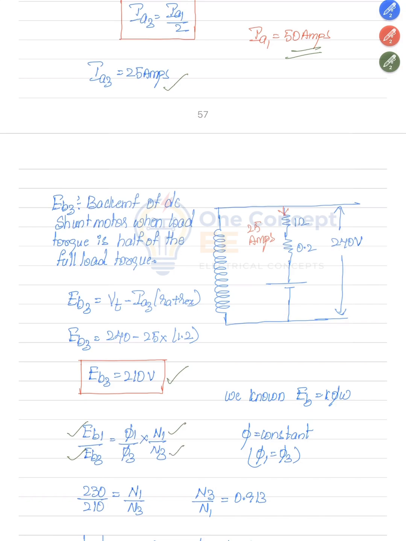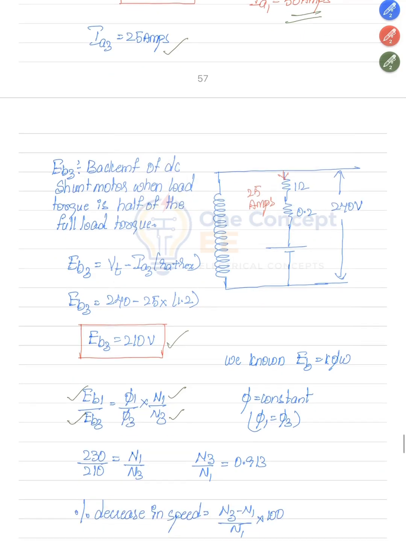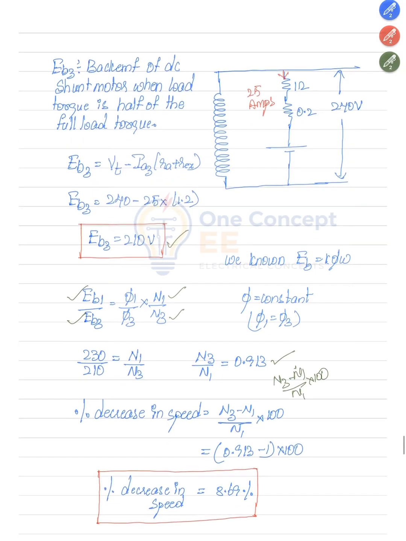N3 is the speed of the motor when external resistance is added and load torque is half of its full load torque. By this I found N3 by N1 equal to 0.913. Percentage increase or decrease is N3 minus N1 by N1 into 100, which is minus 8.6%.